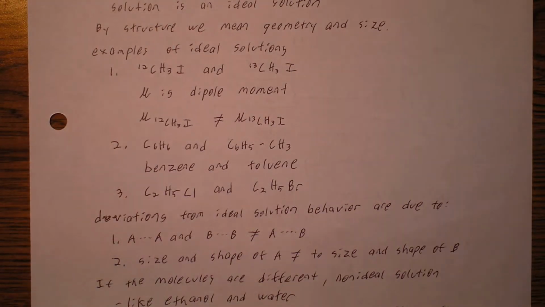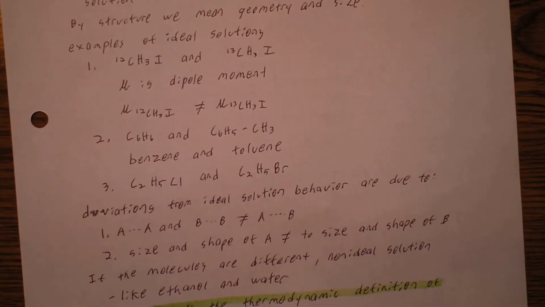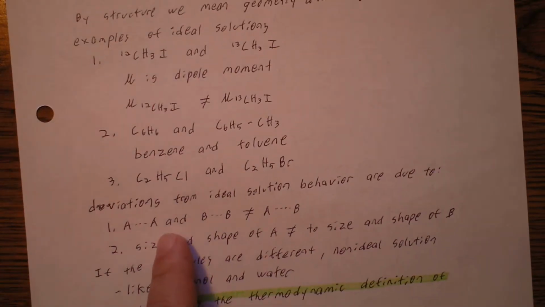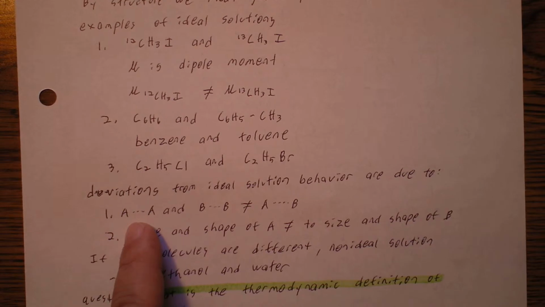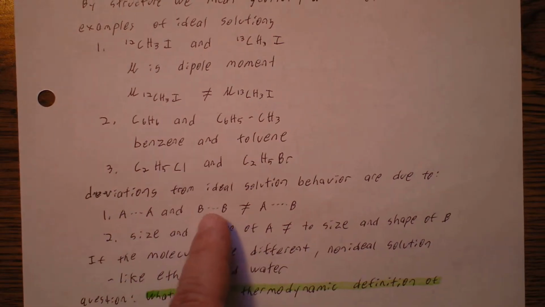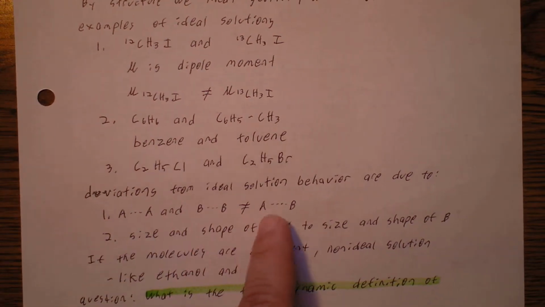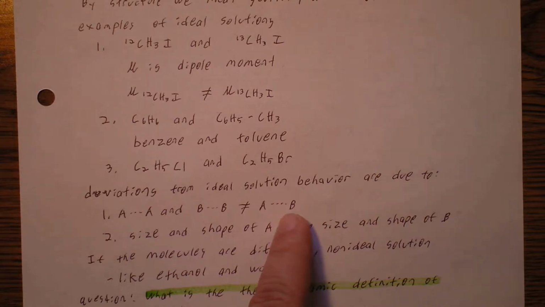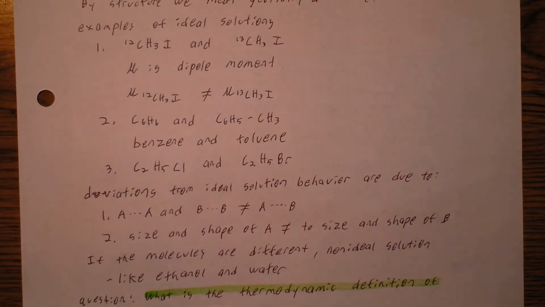Okay, so we do get deviations from ideal solution behavior that are due to different possibilities. So one, if the intermolecular attractions between A and B are not the same as the intermolecular attractions between A and A or B and B. Like let's say if A is polar and B is nonpolar, then obviously it's not going to make an ideal solution.